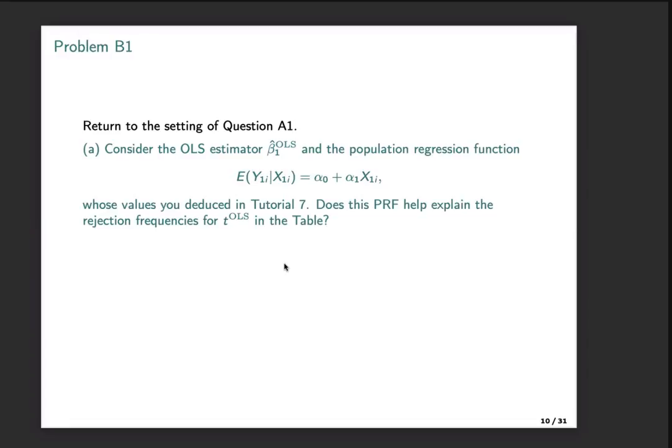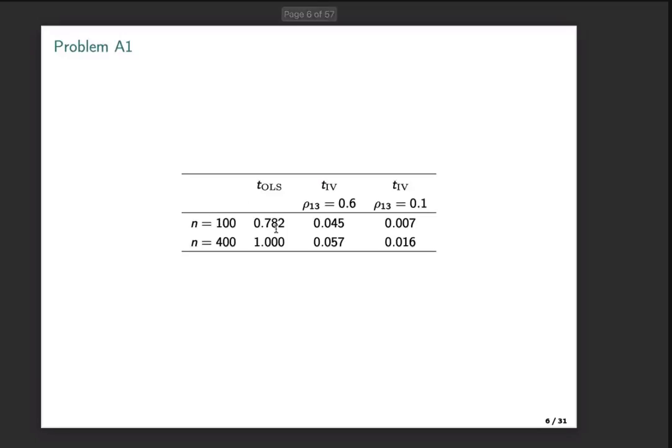So let's perhaps go back to the table. We're asked to look at first the OLS results. We know in the TGP, beta 1 is 0. So if we're really estimating it consistently, we would expect to see a very low rejection frequency.